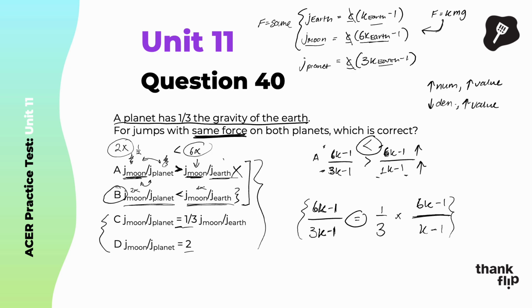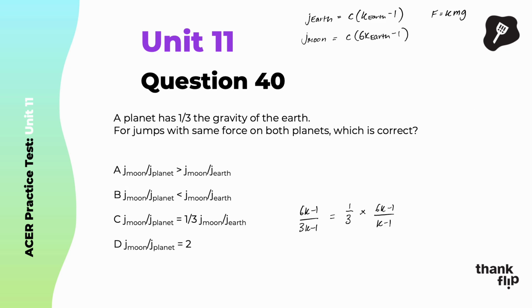So let's try to plug in different values of k just to check this. I've just cleared the board here to make it easier to follow along. What we're going to do is plug in a random value of k to see if this holds true. So let's say k is equal to 2. We would get (12 minus 1) over (6 minus 1) is equal to 1/3 of (12 minus 1) over (2 minus 1), right?